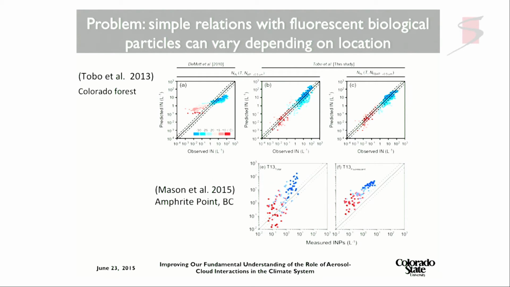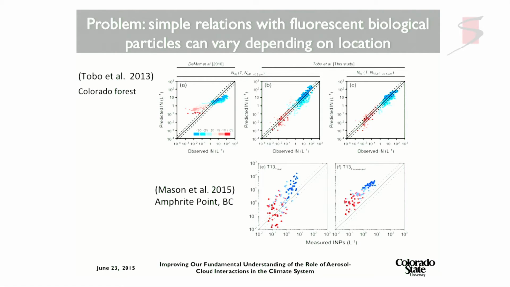Well, Mason et al. from the Bertram group in British Columbia has a paper out just right now in ACPD, and it looks at the same relationships along the coast of Vancouver Island. And what they found was when they used the Tobo et al. relation that unified the measurements the best, relating to the bioaerosols, they did not get results that were equivalent to theirs.